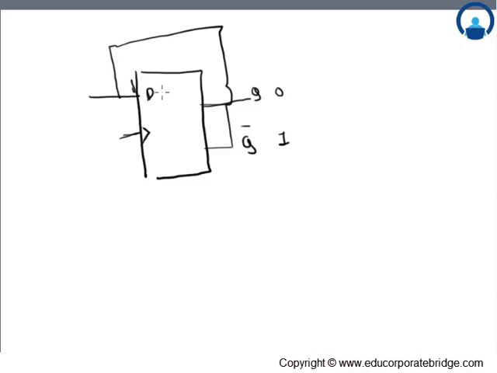So during first clock pulse, we can verify with the truth table of D flip-flop. When D is 1, Q is 1. So during the first clock pulse, it will be 1.